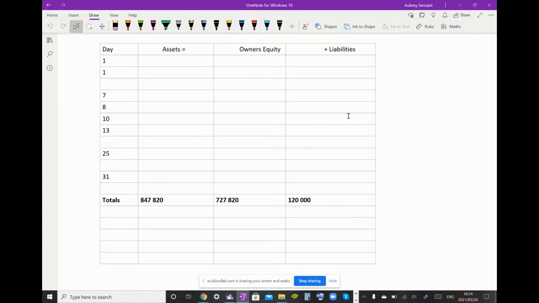Under required, it says calculate Mr. Davis' equity in his business on 31 October 2007 by showing the effect of each individual transaction on the accounting equation. The business trades in clothing.